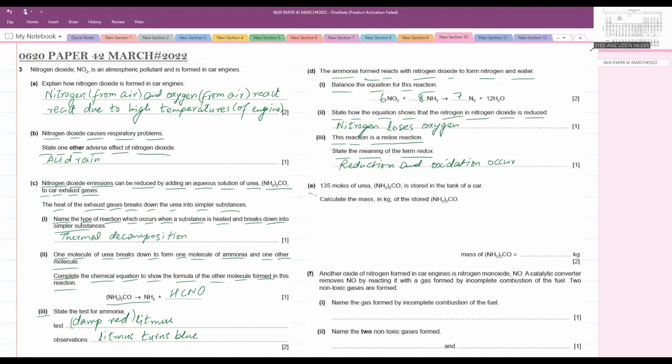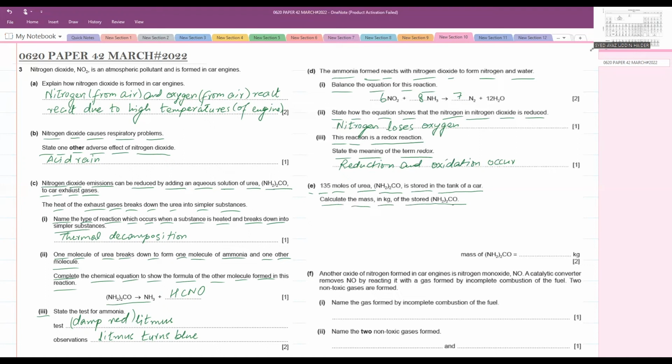Now, in E, 135 moles of urea, NH2 twice CO, is stored in the tank of a car. Calculate the mass in kilograms of the stored urea. Here, just multiply the number of moles with the Mr of urea, which is 60.